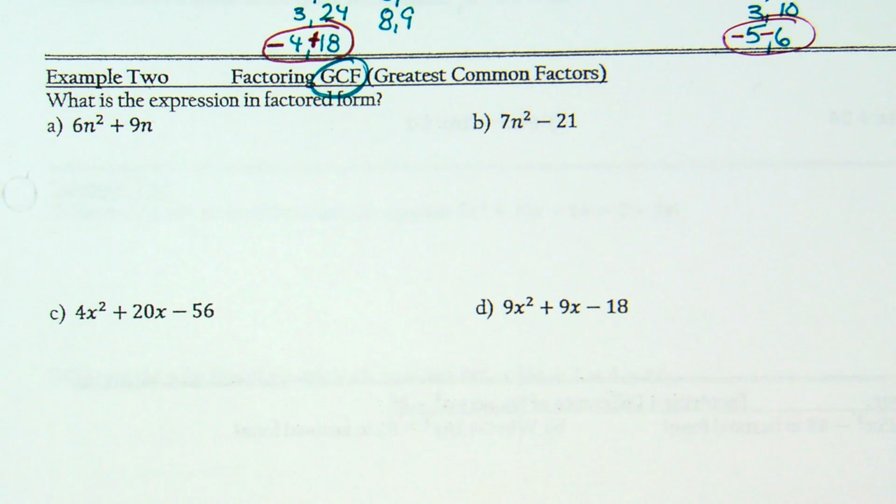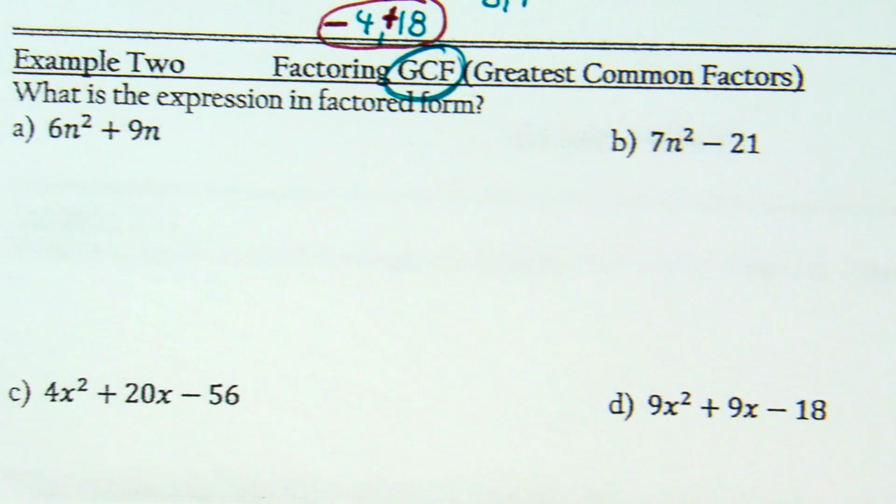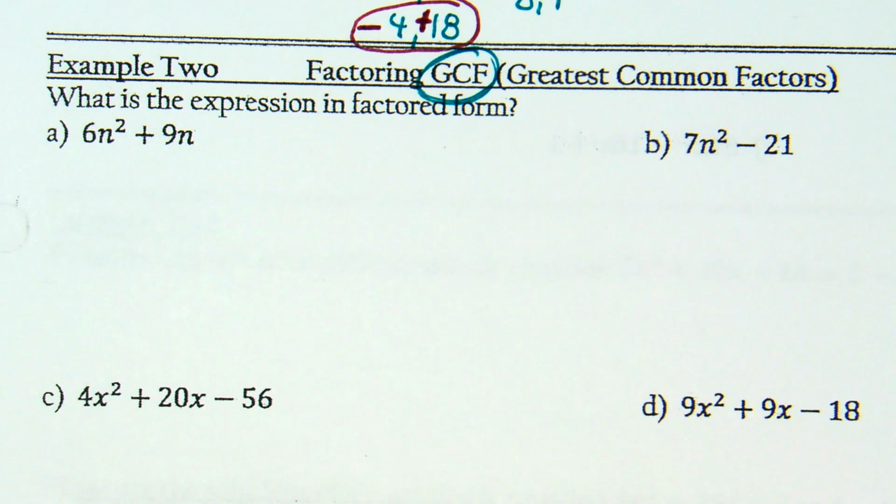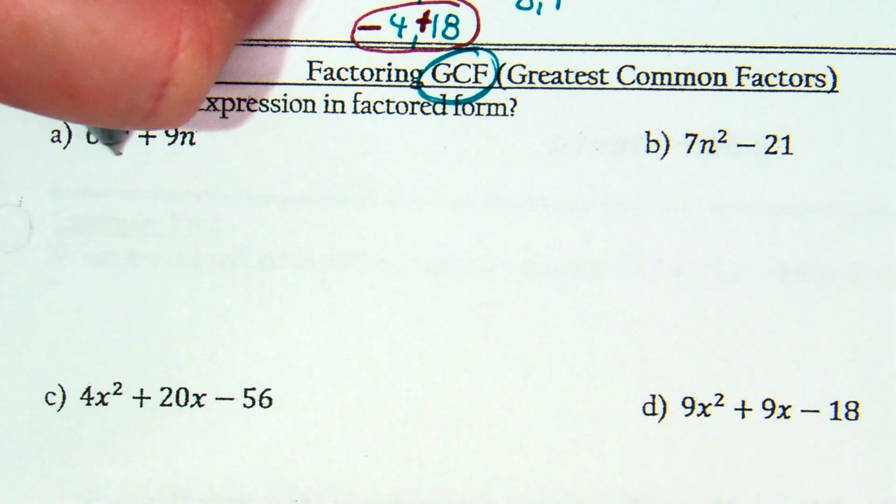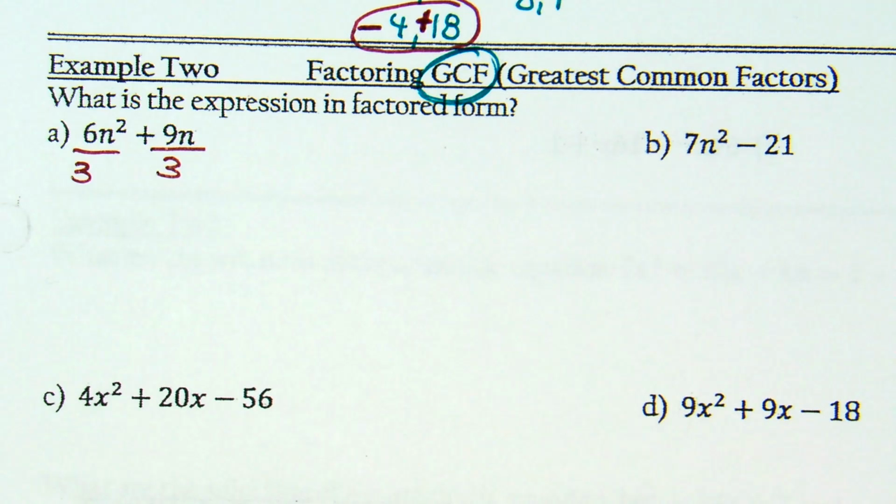The biggest number that they can both be divided by. So as we look at 6n squared plus 9n, what can both of those terms be divided by? 6 and 9 both divide by 3. What about variables? Do they have any variables in common?